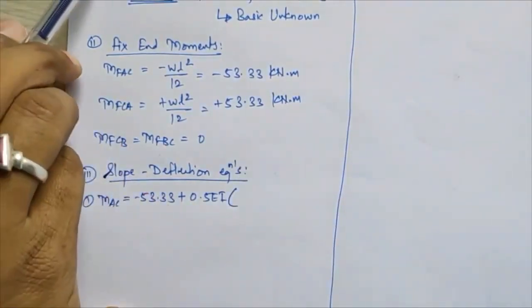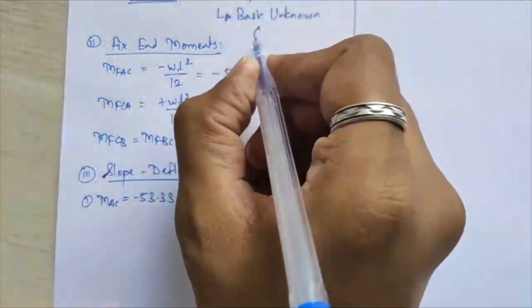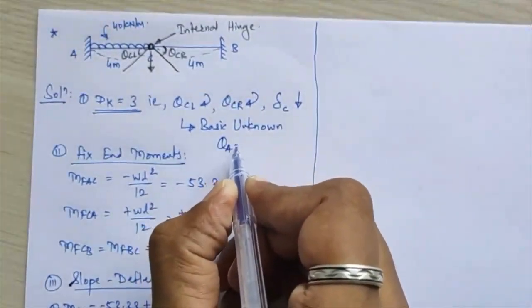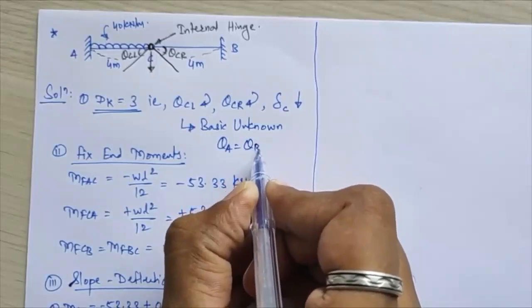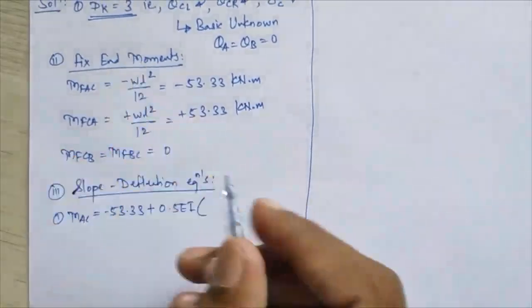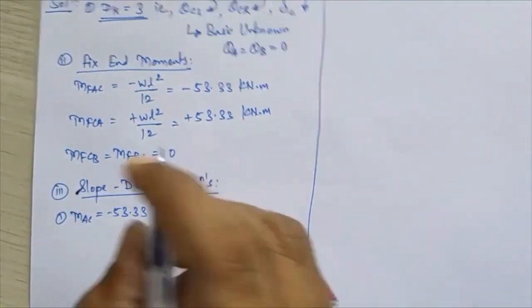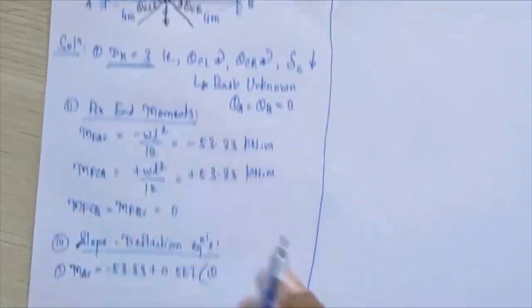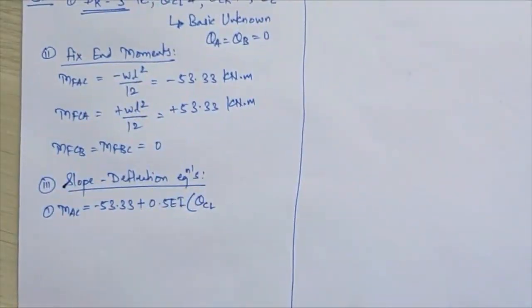Now the slope at joint A, theta A, will be 0. Here I am writing the known values: theta A and theta B both will be 0. So theta A will become 0, and at the far end you have theta C, but that is the slope on the left hand side, so I'll write theta CL here.